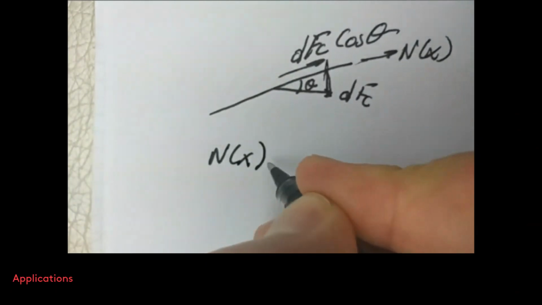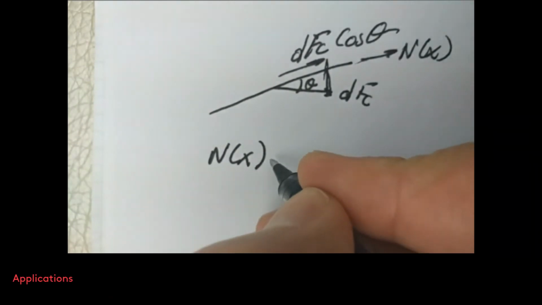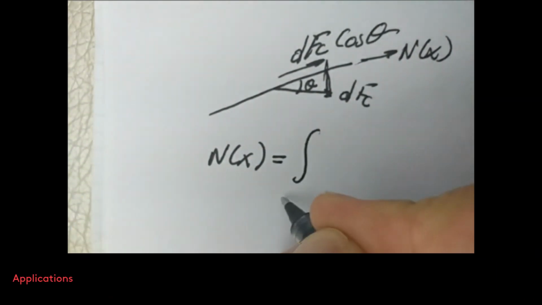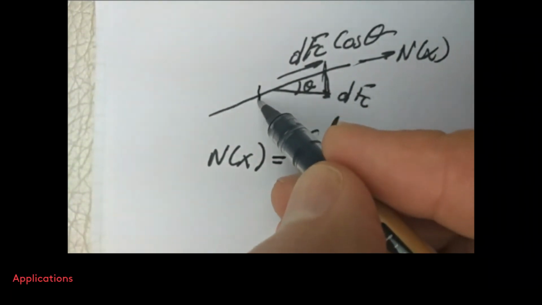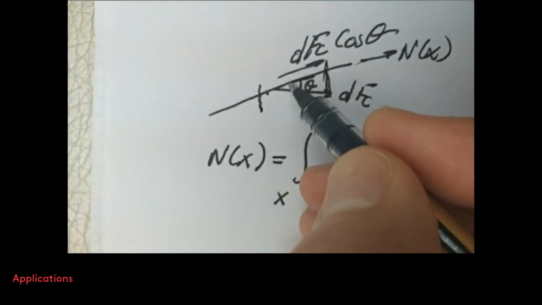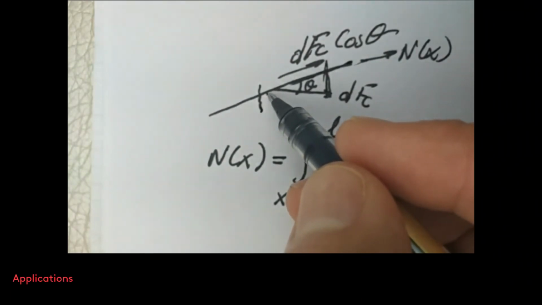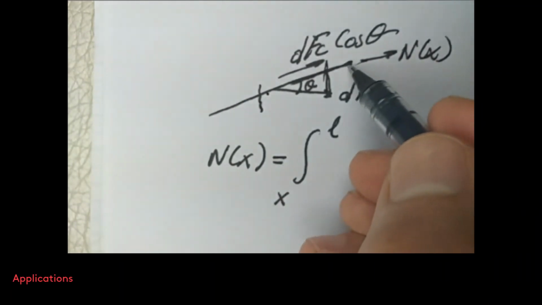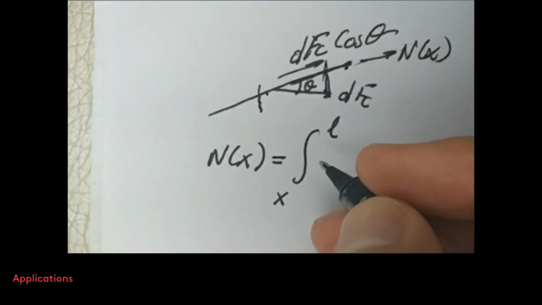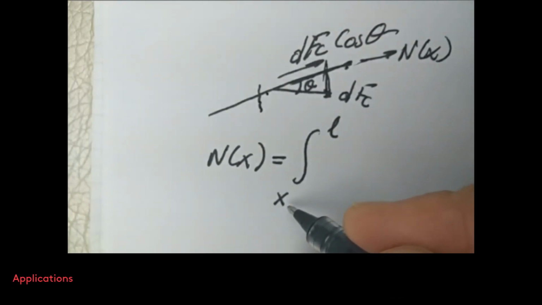Nx is equal to the integral from x to L, because any cross section will carry the whole centrifugal load generated by the mass of the blade from the point X to the tip. This is why the boundaries of our integral vary from X to L.